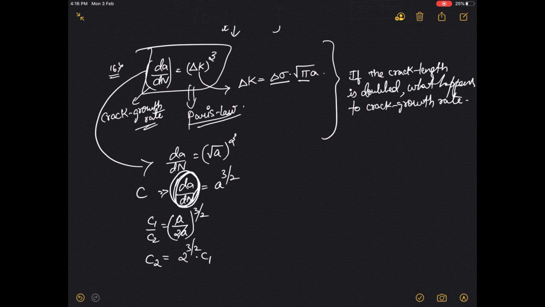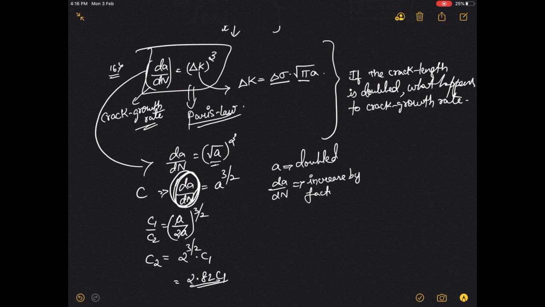That's nothing but root 8, and we are getting 2.82 C. Okay, so that means if the crack length is doubled, then the crack growth rate will increase by a factor of 2.828.